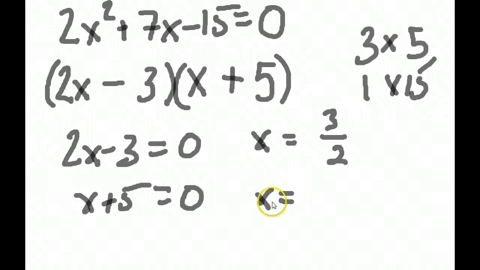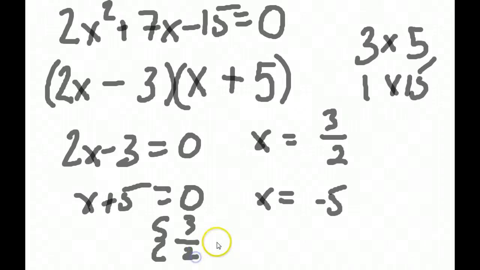X equals negative 5. Right. So those x equals are our answer. So you have open brace, 3 halves, comma, negative 5, close brace. And that's your answer. Those are your two roots. Those are the two locations where your line passes the x-axis.